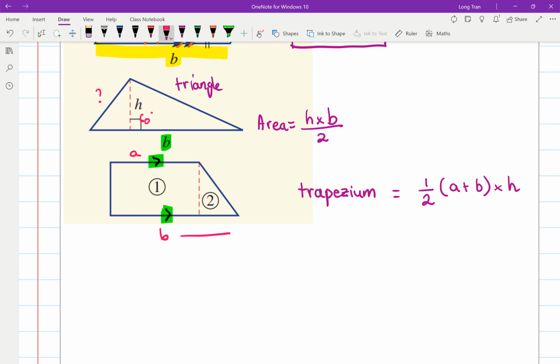B is this length and A is this length. When you add those two together, multiply it by half or divide it by 2, and then don't forget to multiply it by the height, which is, this is the height. What happens if they don't give you the one? They will have to for it to work. Otherwise, you can't figure it out.